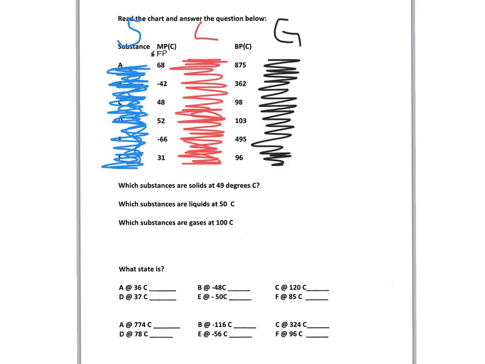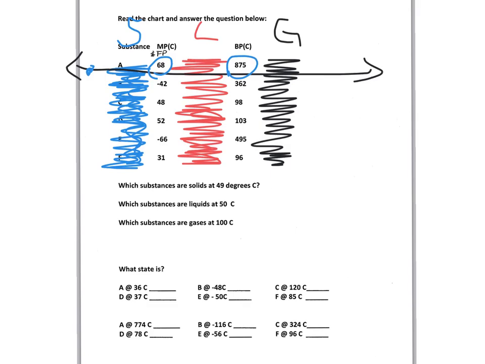So I'm going to carefully add in a number line here. This would be for letter A, and I would see that 68 is falling right here, and 875 is here. So that means 0 is going to be down in this range.